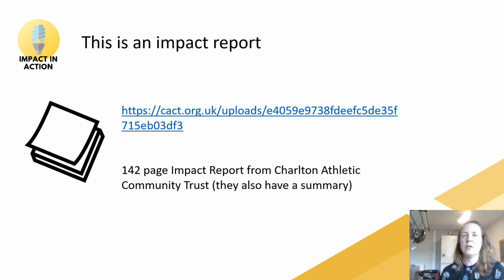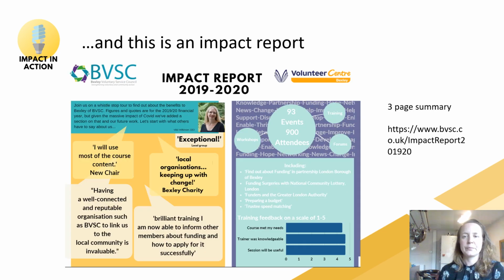There's lots of detail in there around their theory of change and so forth, and for some that's really great, they can really dig into that. They've also got a summary version, and the summary version is more akin to this report from BVSC, which is just 3 pages long. As you can see, it's very visual, and it's just giving a flavour of some of the ideas that we want to get across.